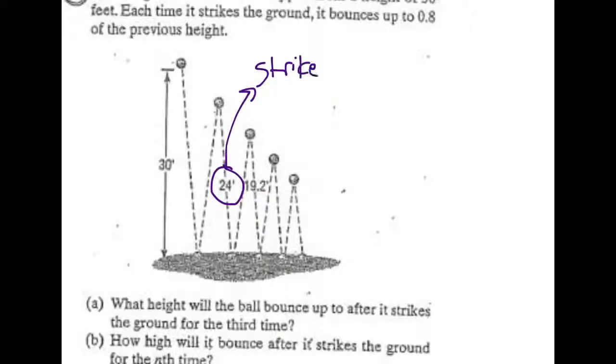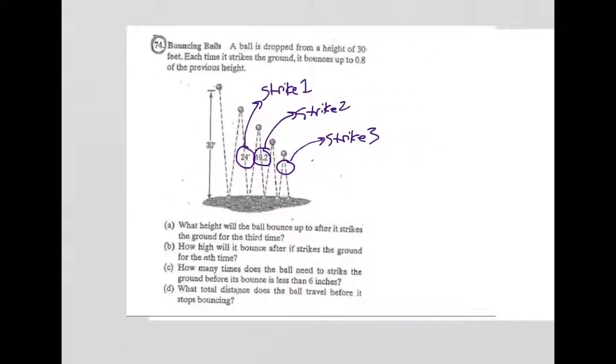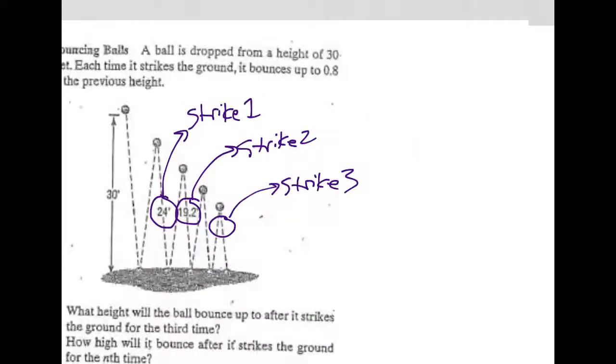it has reached a height of 24. After it strikes the second time, it has reached a height of 19.2. So this third strike right here, the easiest way to calculate that is just to think about this recursively. Take strike 2 and multiply it by the common ratio. So if you think about that in terms of the sequence, let's say a sub 3 equals a sub 2 times your common ratio r.